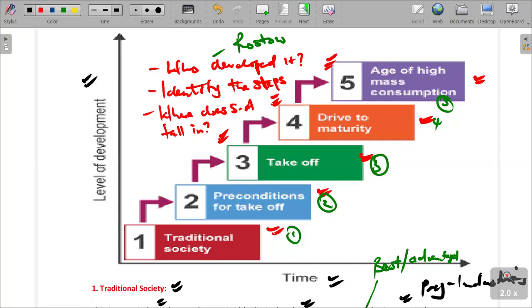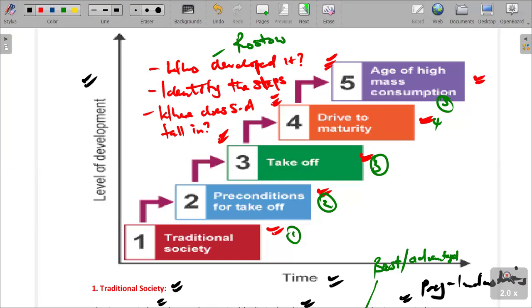As you can see, we have a very beautiful model that is very important as it comes to term 3 work, as it comes to geography and the economic development model. So I was saying, in the previous questions that I've seen, they ask questions like who developed this model, identify the steps that are numbered one to something.